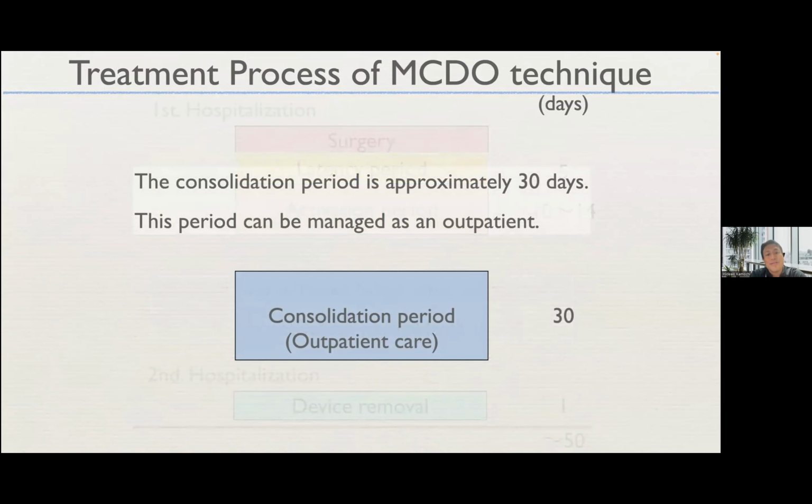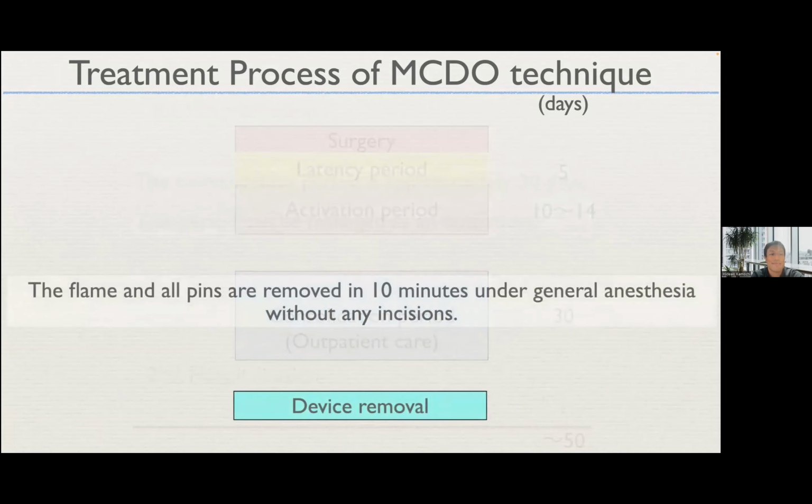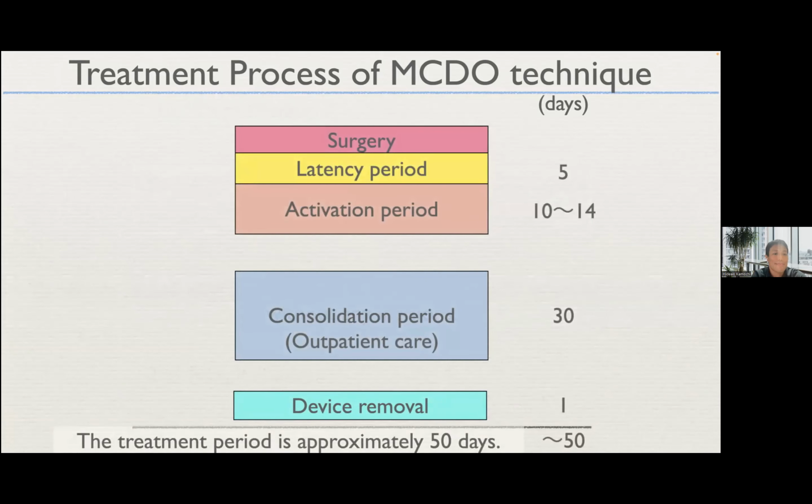The consolidation period is approximately 30 days. This period can be managed as an outpatient. The frame and all pins are removed in 10 minutes under general anesthesia without any incision. The treatment period is approximately 50 days.